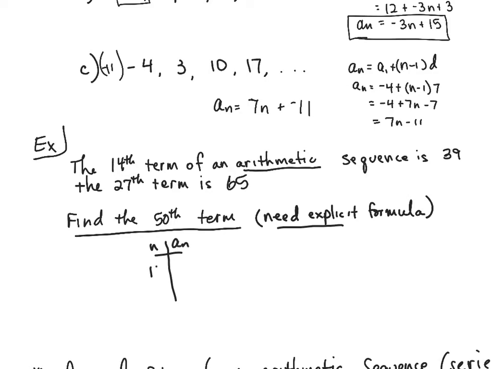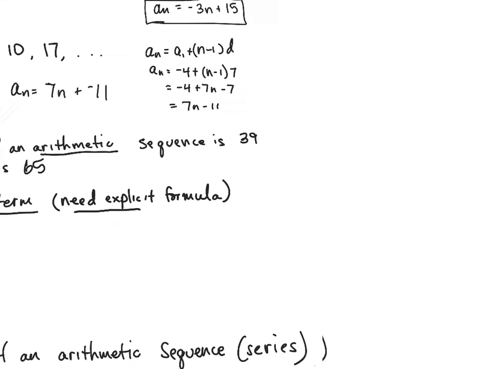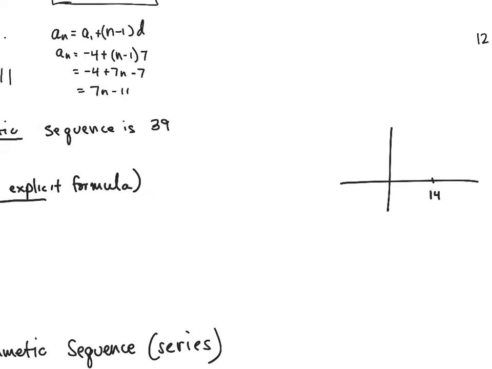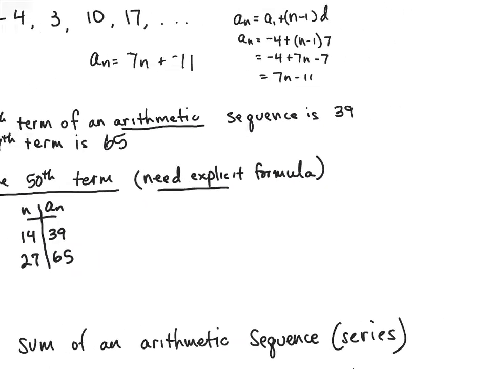So it says the 14th term is 39. The 27th term is 65. So relating this back to what we did a moment ago to a function or a graph, let's see, the 14th term. They said the 14th term was 39.